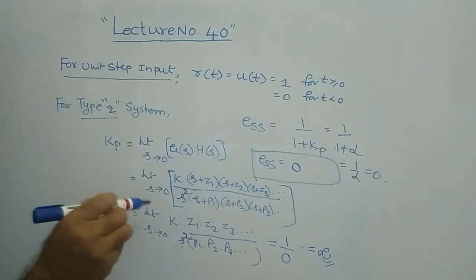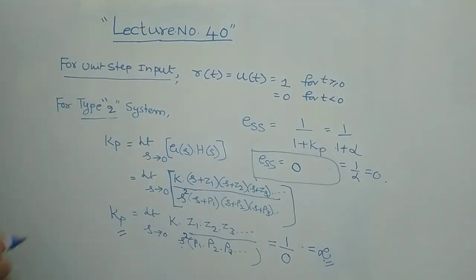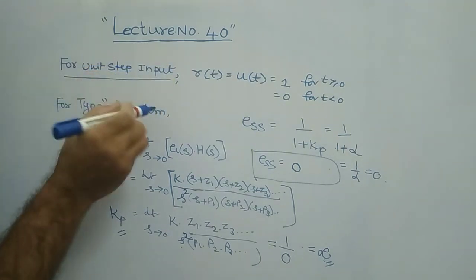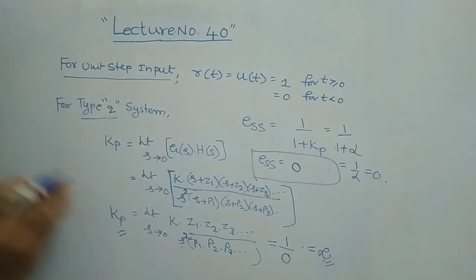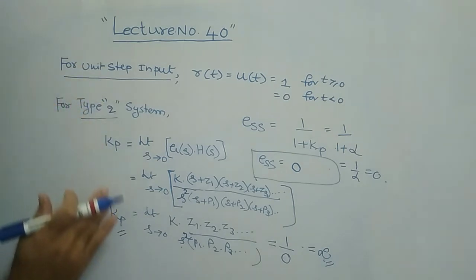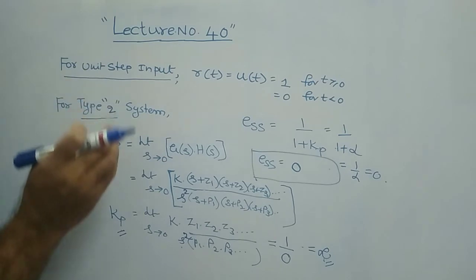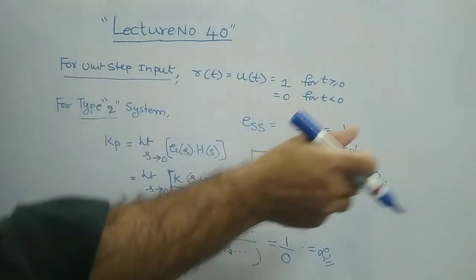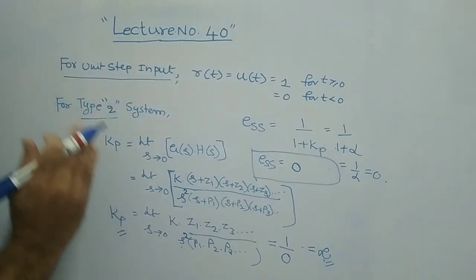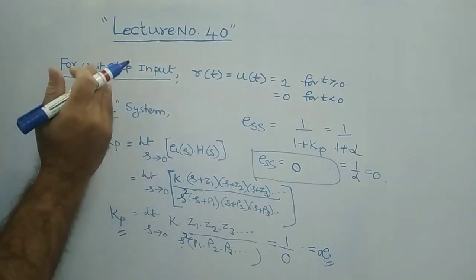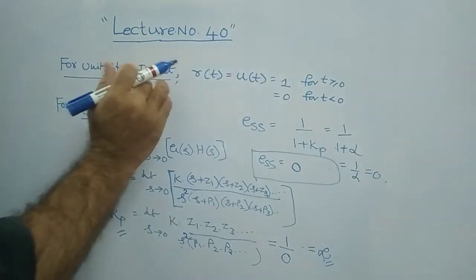Therefore, we can conclude for the step input: for a type 0 system, the steady state error is a constant, and from type 1 onwards, type 1, type 2, type 3 and so on, the steady state error becomes 0 for the step input.